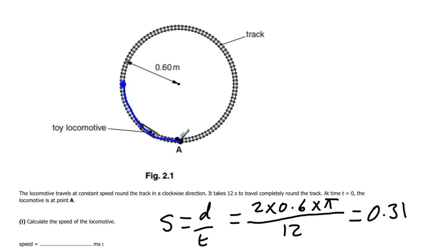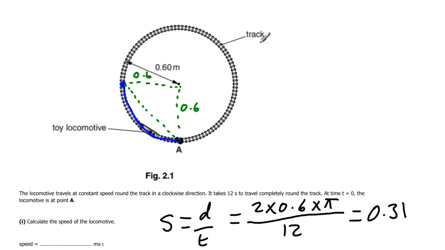And the displacement is the straight line distance. So it's not this curved distance here, it's this straight line distance here. And we should notice that because it's a quarter of the way around the track, this makes a right angled triangle with 0.6 and 0.6 as its sides.